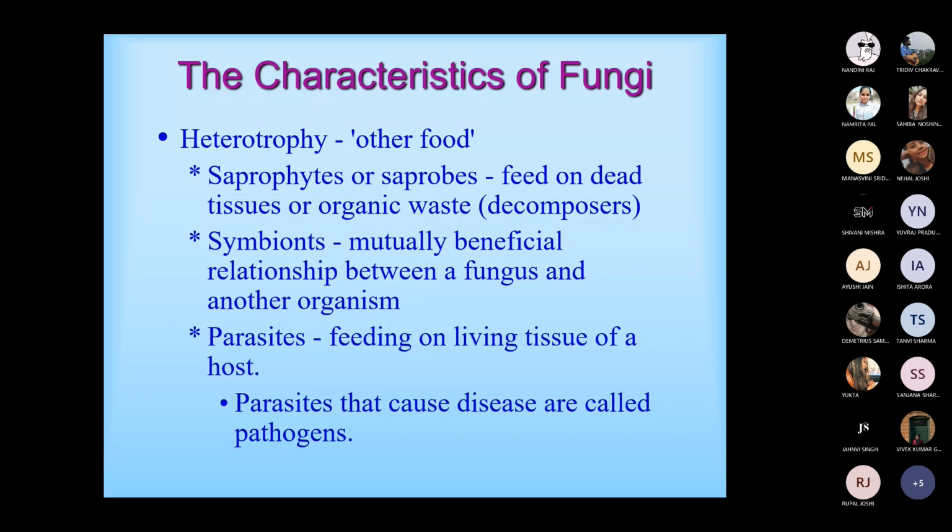If we talk about the characteristics of fungi, they could be saprophytes, that means they feed on dead tissues, or they are called decomposers. They could be symbionts, that means they are mutually beneficial to each other. We are mostly focusing on the parasites here because they feed on the living tissue of a host, and parasitic fungi are usually the ones which cause diseases.